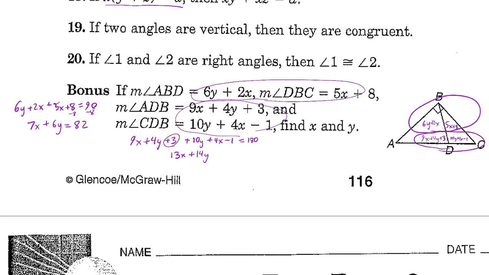And then these two add up to a positive 2, but I'm going to subtract that 2 on both sides, and I'm going to get that's equal to 178. So my system of equations is this and 13x plus 14y equals 178.